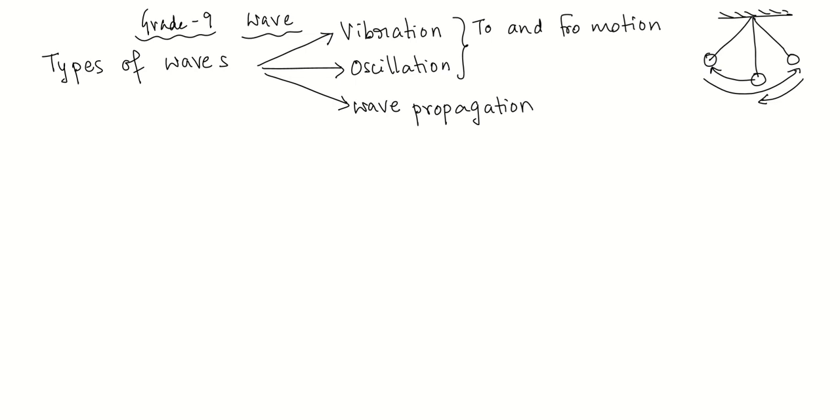You can see the same thing on a spring also. So if I have a spring here, a normal spring at this point, and if I pull the spring downward, then the spring would become something like this, right? And if I let it go, it will climb up and get compressed somewhere here.